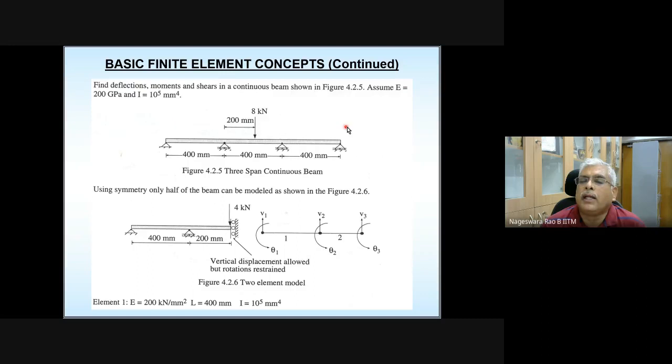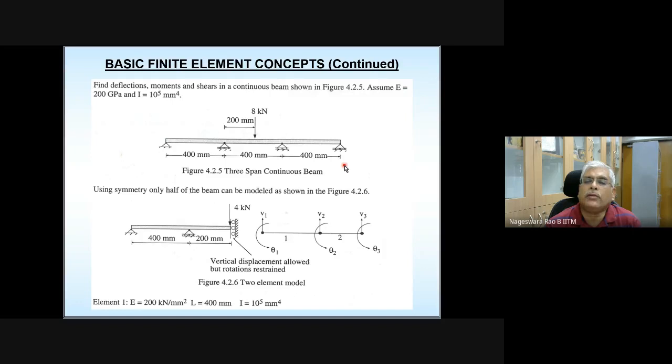So once you get all the element equations, you can assemble the global equation system, and you get a 10 by 10 equation system. Solve for the unknowns. What are the unknowns? All the supports are simply supported, so the transverse displacement is going to be 0 at each support.